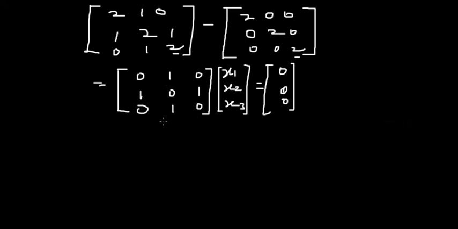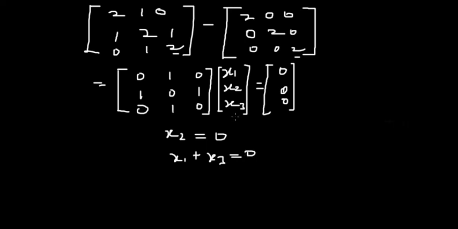So we have x1 multiplied by 0. So x1 times 0, x2 will be equal to x2 multiplied by 1, so that's x2, and x3 times 0, equal to 0. Then let's move on to the second one: x1 plus x2 times 0 plus x3, equal to 0.